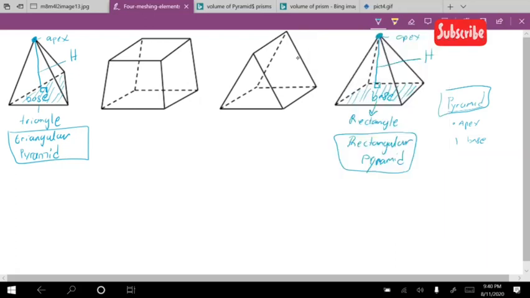Okay, let's go to prisms. Prisms have two bases. The bases have the same shape and they have the same size. These bases do not touch each other.